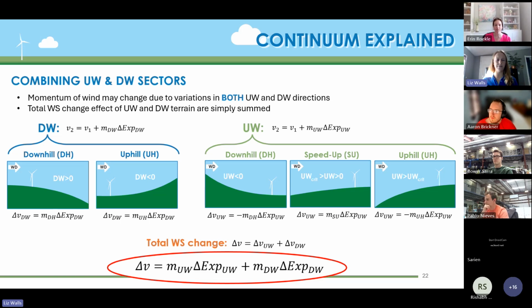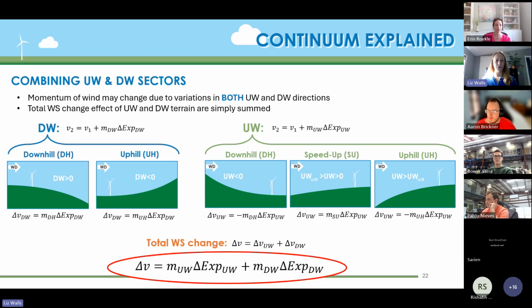So it's quite simple. Again, this is the downwind equation. We have the wind speed at site 2 equal to site 1 plus the coefficient times the change in exposure, but in the downwind direction. We talked about the downhill example, but you can also have an uphill flow in the downwind direction, where the terrain is sloping up downwind of the sector.